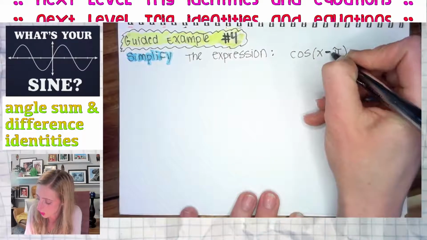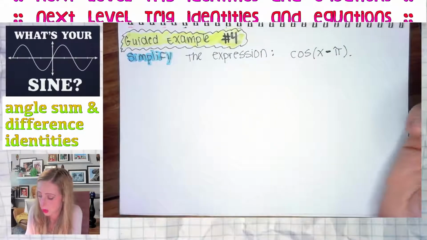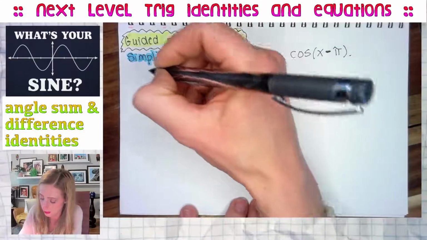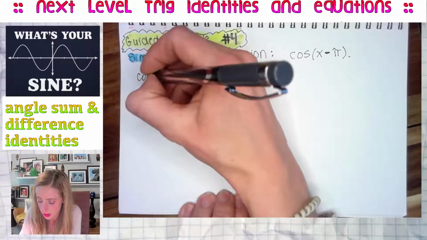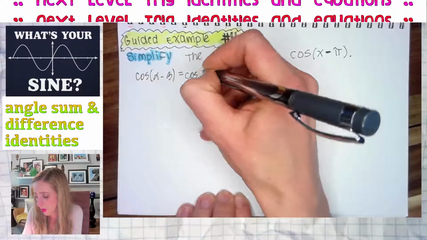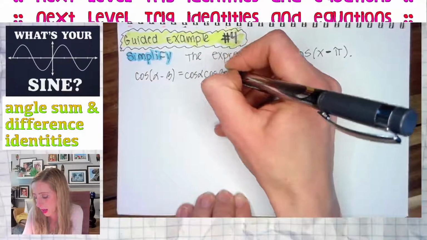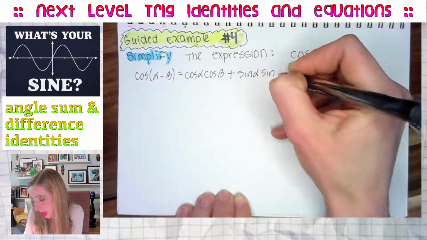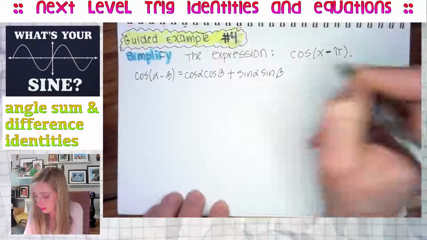Now again, what unit are we in? What section? What lesson? We are doing angle sum and difference identities. I have a cosine and I have a minus sign. What's the identity? Cosine of alpha minus beta equals cosine alpha, cosine beta, plus sine alpha, sine beta.